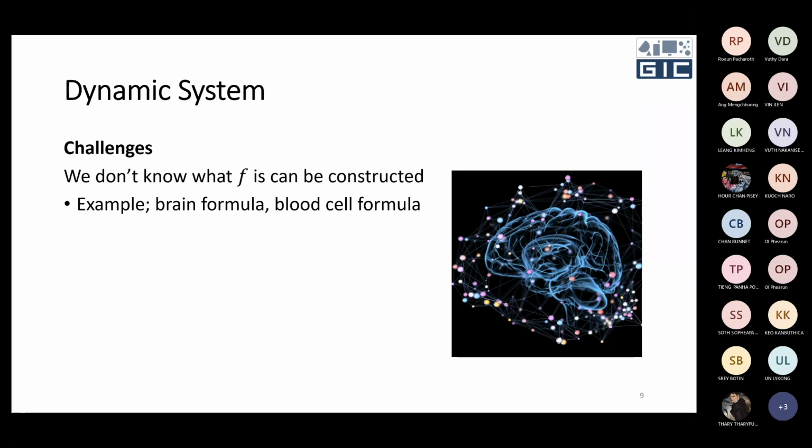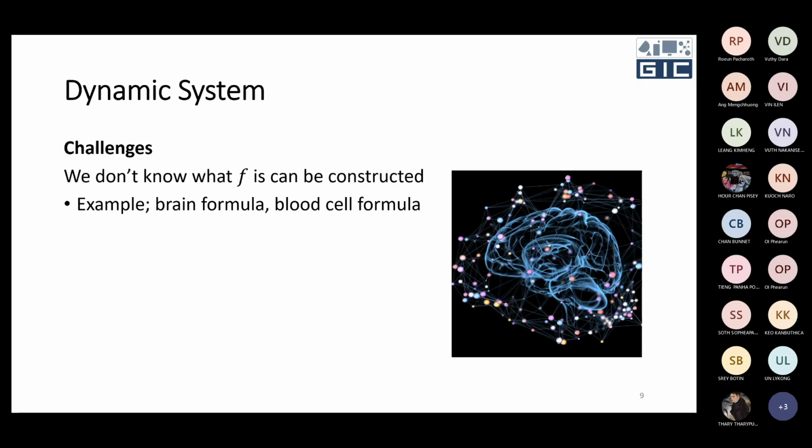When you try to represent something in dynamic systems, there are a lot of challenges, which is why we need dynamic system theory. Why don't we use a small mathematical formula to represent it?